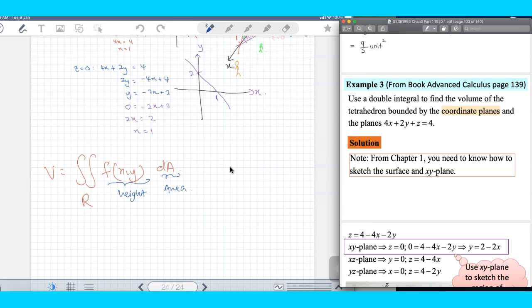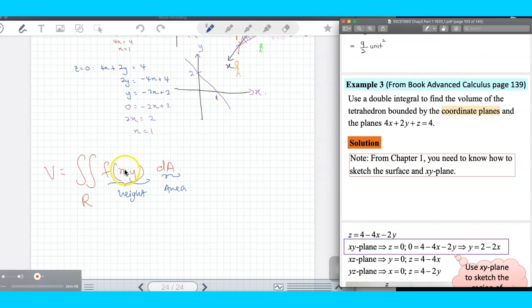So now we have to find what the function, the integrand, is. After you determine the function, then you can determine the order. And after you determine the order, then you can determine the limit. That is the procedure, that is the step. You cannot just mix up everything, then you can get stuck.